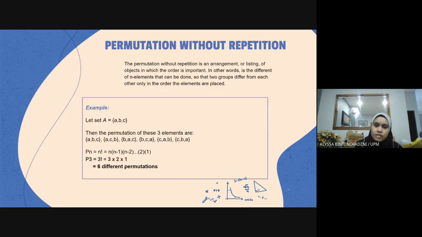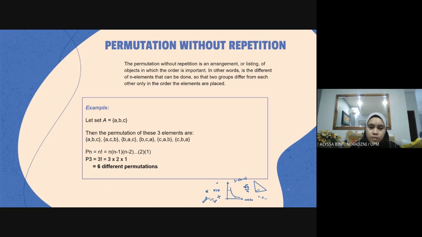Let's consider that set A is ABC. Then the permutations of these three elements are ABC, ACB, BAC, BCA, CAB, and CBA. If one of the permutations is used, it cannot be used again. For instance, BAC has been used, you cannot use it again, and the next permutation is BCA, then CAB and CBA.